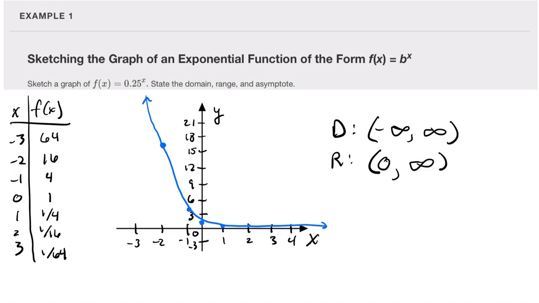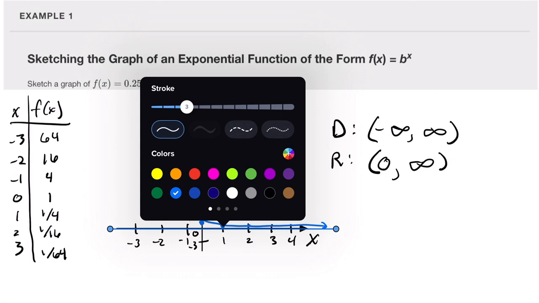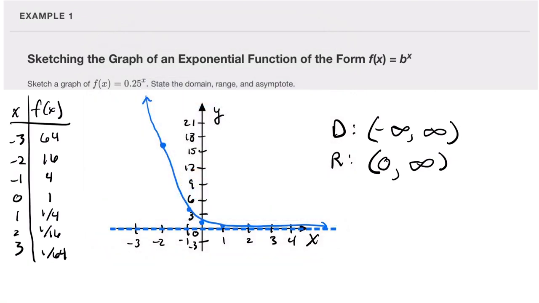We have a horizontal asymptote, so I should have drawn it. We can do something like this. What I'll do is style about like that and like that, maybe a little bit thicker. Okay. The horizontal asymptote is the x-axis, which is y equals 0.